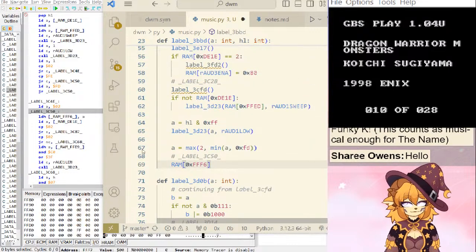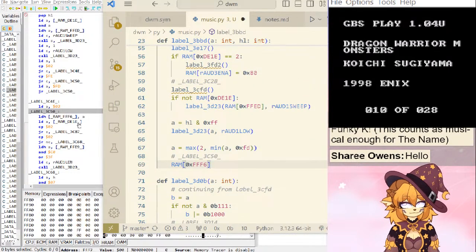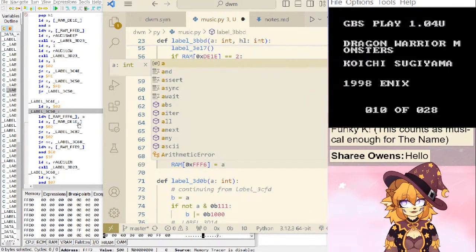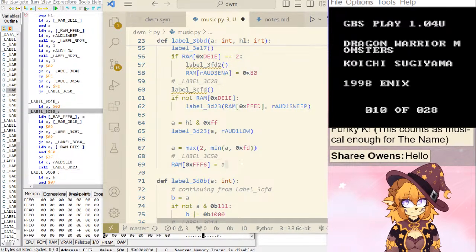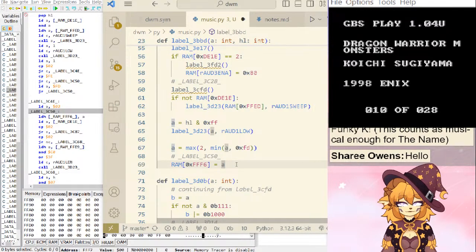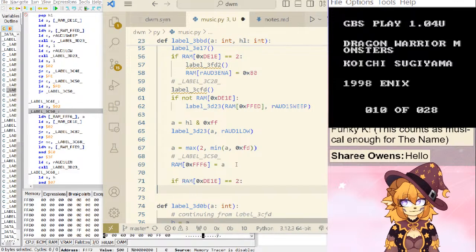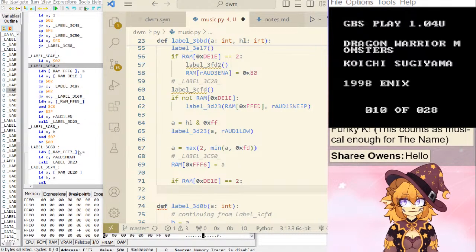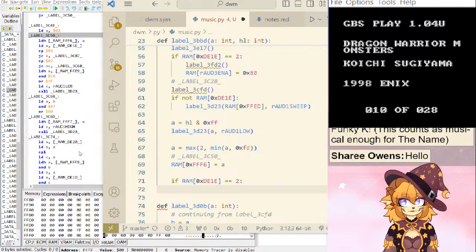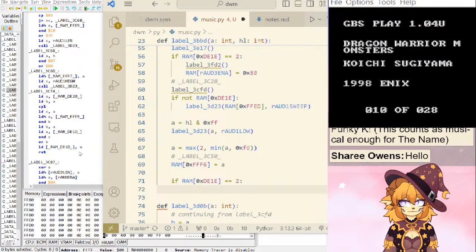Here, okay. FFF6 equals A. Comparing with this again. We should make this comparison a lot. It's 7.